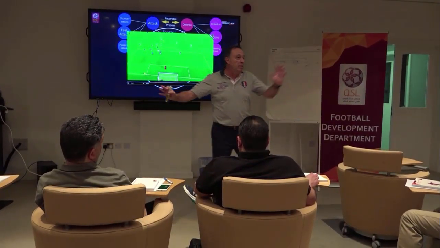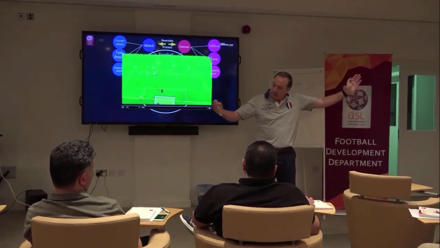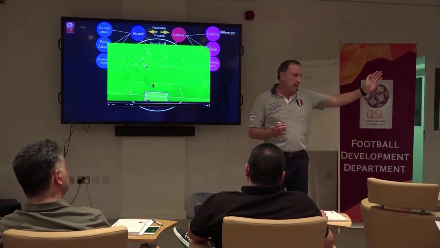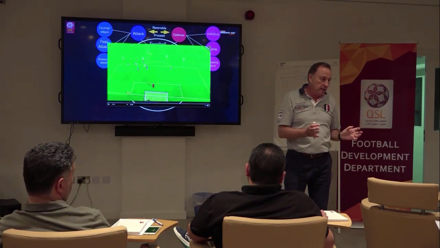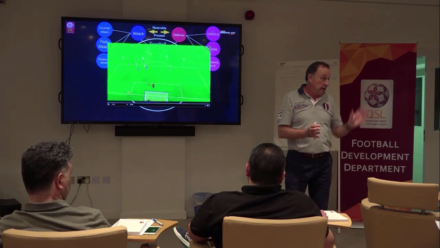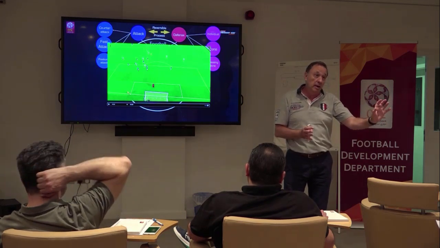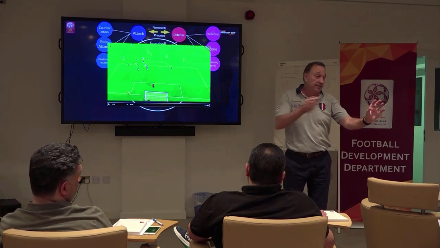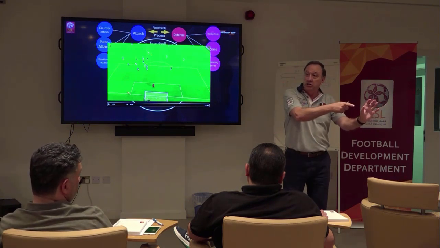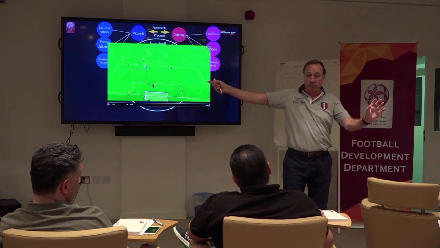The important thing is the ball. Where is the ball? If the ball is on the other side, I will come inside, and I want to make numerical superiority near the ball. Pressing the ball is the first element, because when we play zone defense, if this guy has the ball with no pressure, he's going to change to the other side very quickly.